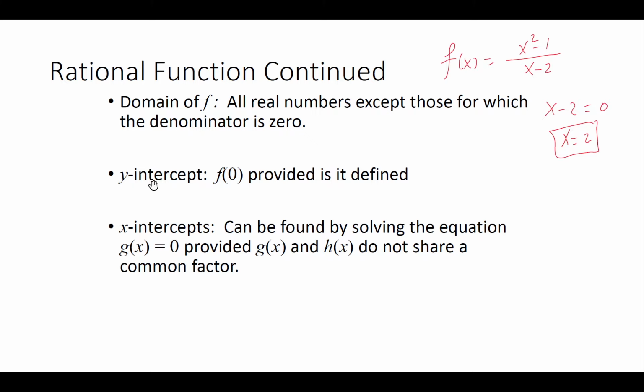For finding the y-intercept, you just put x equal to 0 and find the value. The x-intercept can be found by solving the equation g of x, the numerator function, equal to 0, provided that g of x and h of x do not share a common factor.